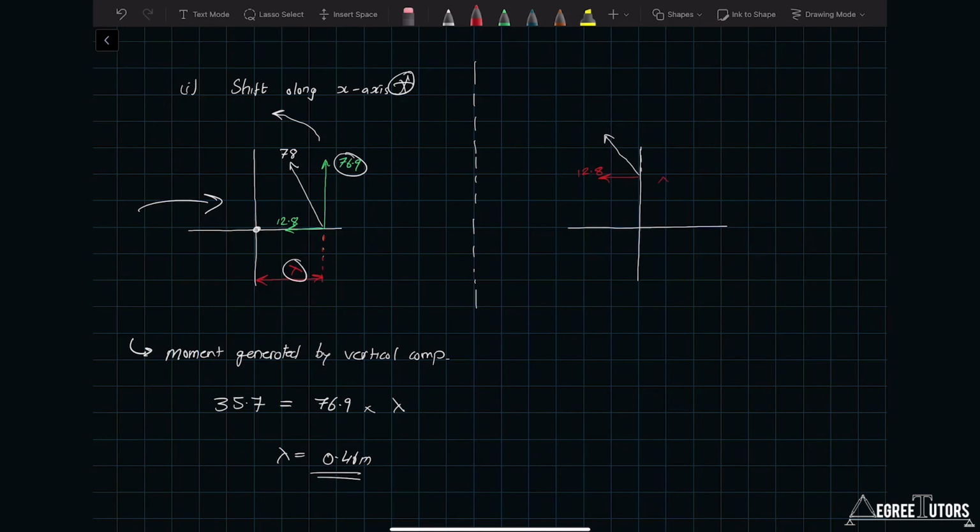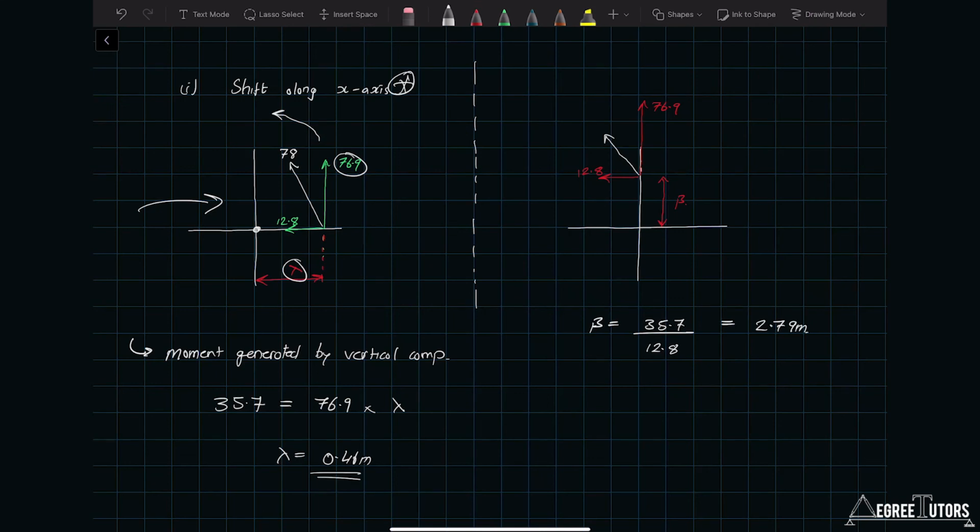So let's call the lever arm here beta. The vertical component obviously doesn't generate any moment because it passes through the origin. So in that case, the lever arm beta would be the moment I'm trying to generate, 35.7, divided by the force that I'm using to generate the moment, 12.8, and so I'd have to shift vertically upwards 2.79 meters. And that would be another alternative equivalent system.